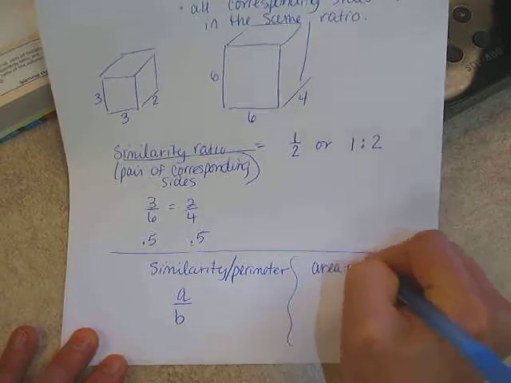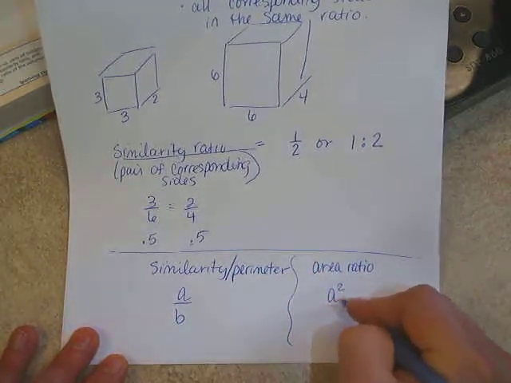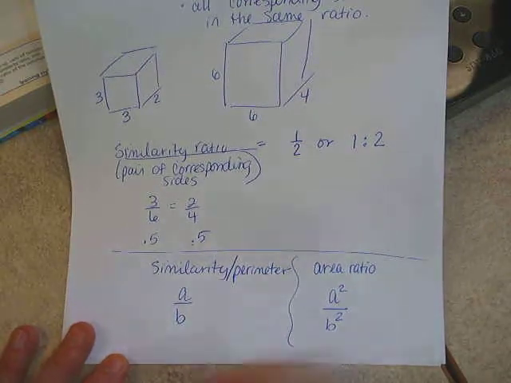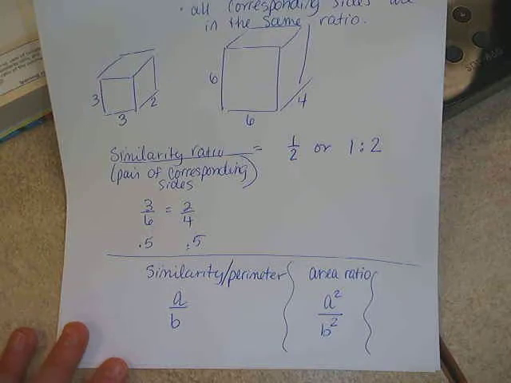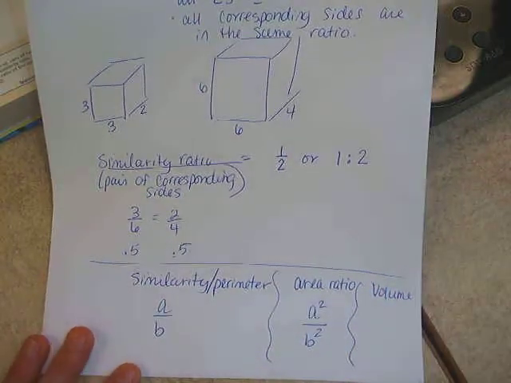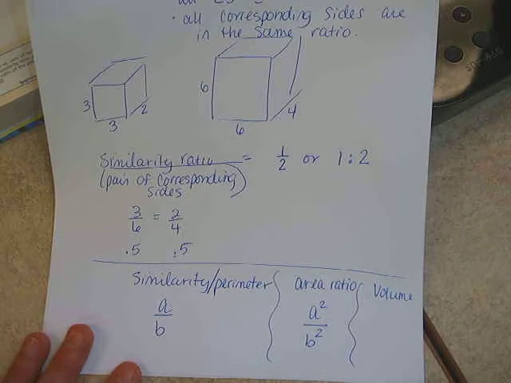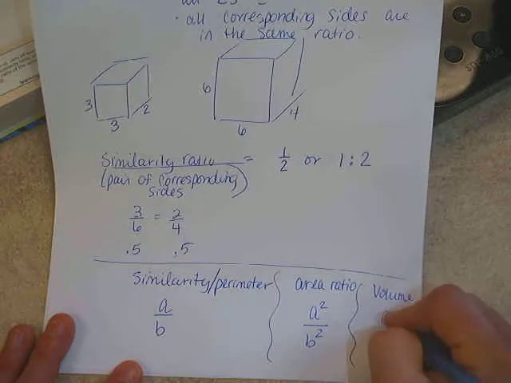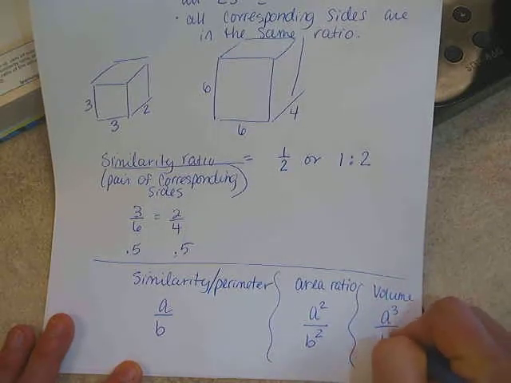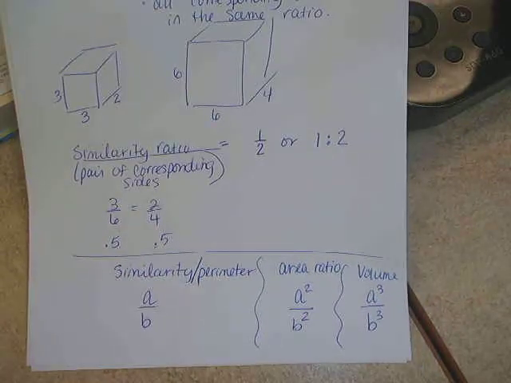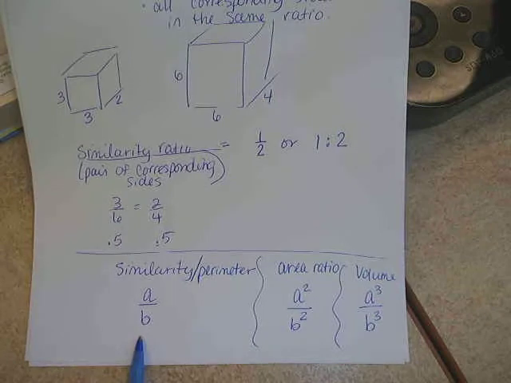And we already talked in the area chapter where the area ratio then should be A squared over B squared. So applying that to solids for volume, how do you think we adjust that for volume? Yeah, it's going to be A cubed over B cubed.